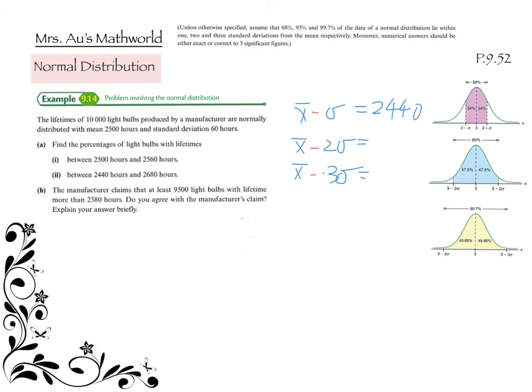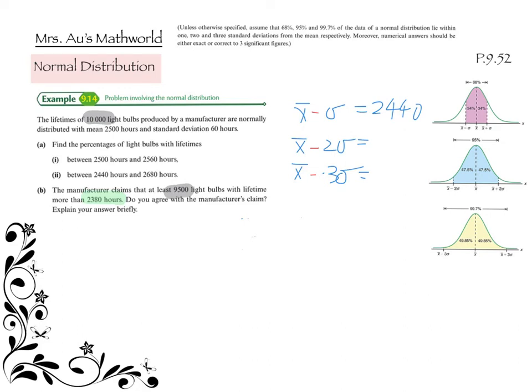Finally, let's go to part B. This time we can see that the manufacturer claims that there are at least 9,500 light bulbs with a lifetime of more than 2,380 hours. We haven't used the information of 10,000 here.